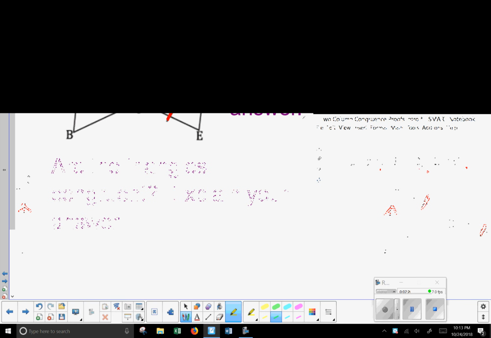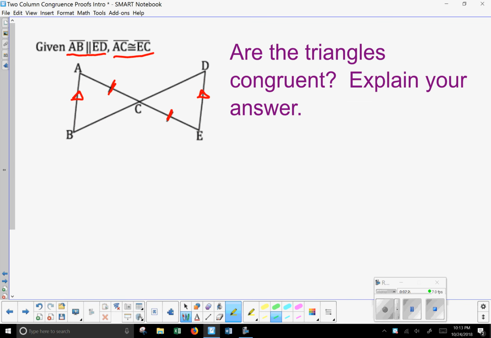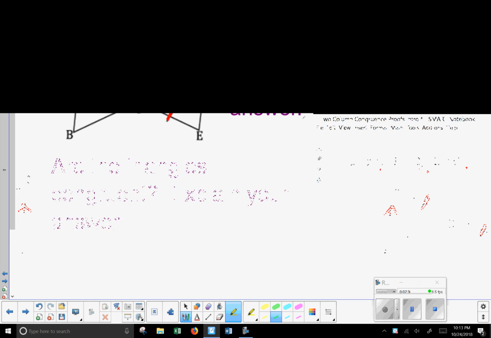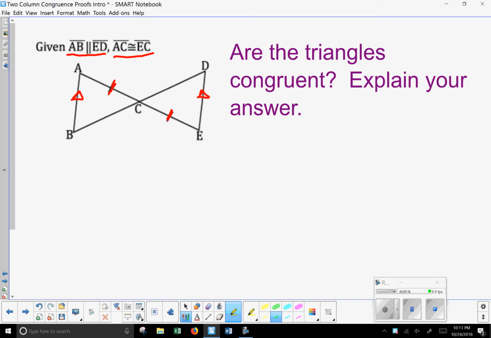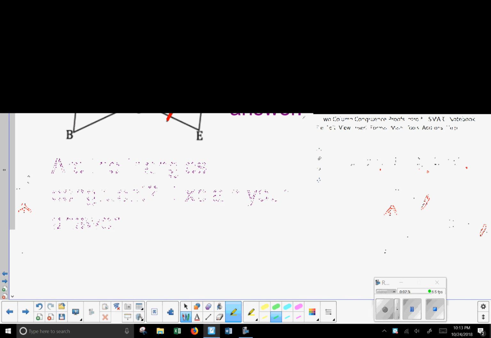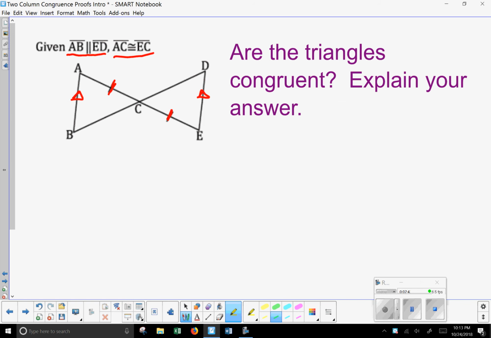Parallel lines, I know that I'll have corresponding angles congruent. If I have parallel lines, I know I'll have alternate interior angles congruent, and I know that I would have alternate exterior angles congruent. Well, do you see any corresponding, alternate interior or alternate exterior angles in the picture?